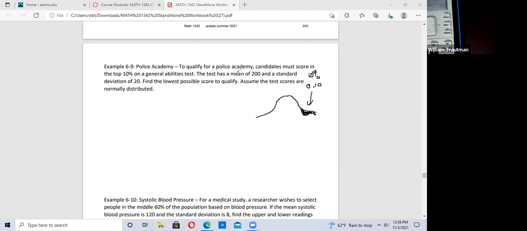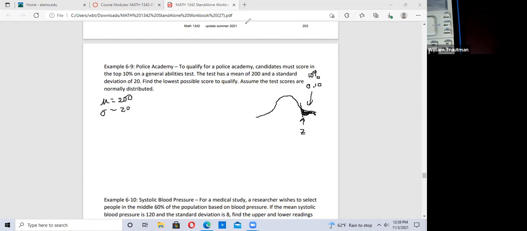The test has a mean of 200, standard deviation of 20. Find the lowest possible score to qualify. So we need to know what this score is. So we do have to find the Z value here. We need to know what that Z value there is for the top 10%.